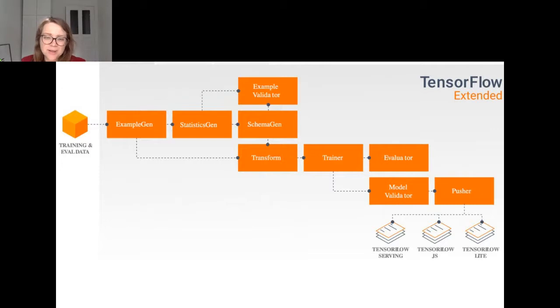And the nice part about TensorFlow is that you have the regular serving, you can have serving dedicated for web, and you can have dedicated TensorFlow for mobile and embedded applications. So if you want your washing machine, you can do this with TensorFlow as well.